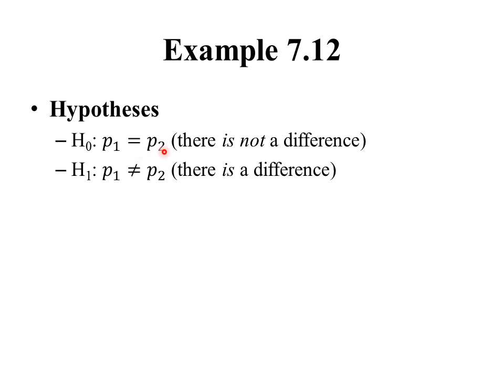And so if there is no difference between these two populations, then p1 equals p2. And the alternative is the same as our claim, that there is a difference, so p1 is not equal to p2. Now, we're not claiming necessarily that one is bigger than the other. We're just claiming that they are not equal to each other.